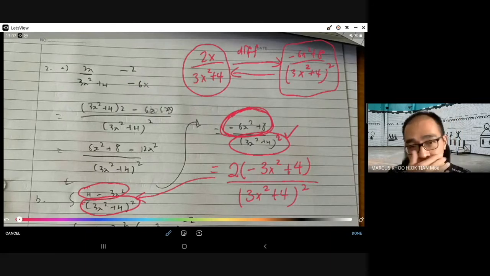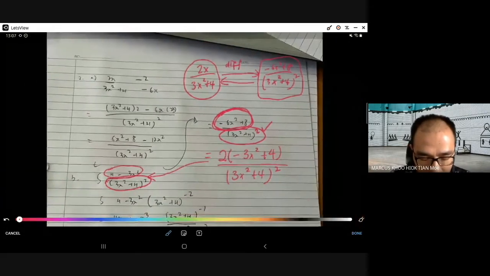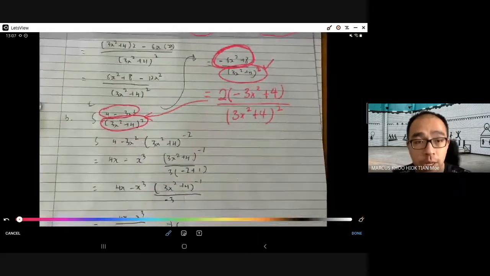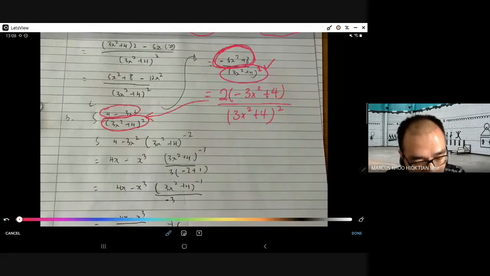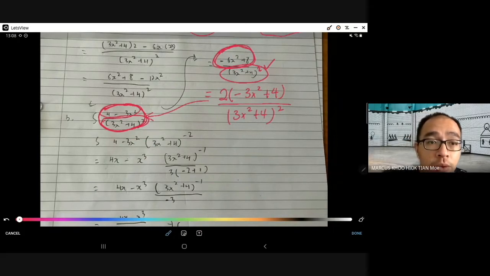So how would I do this? This whole thing over here, I have to divide it by 2 in order for me to get this.